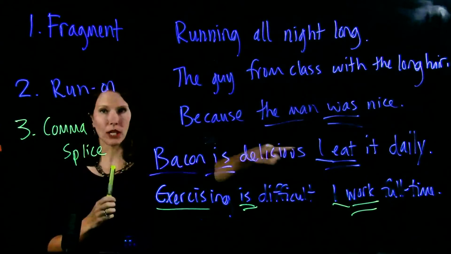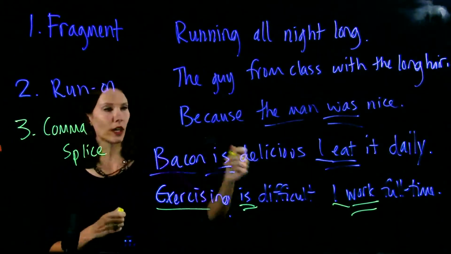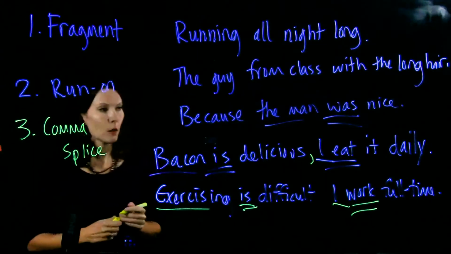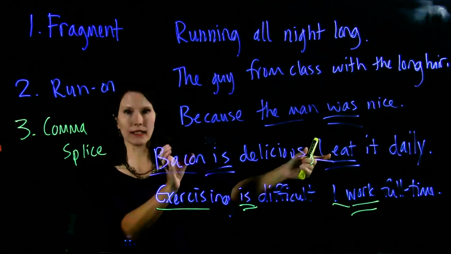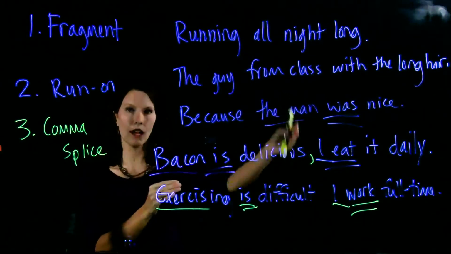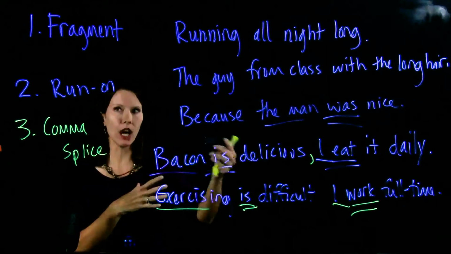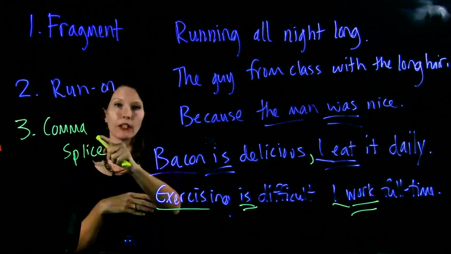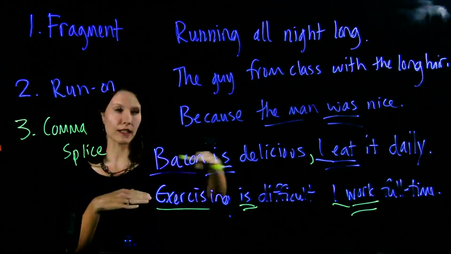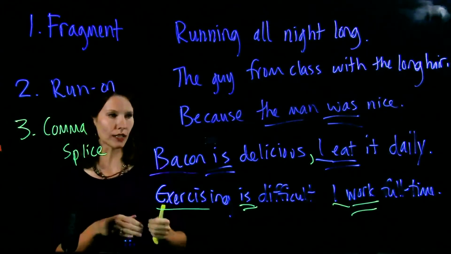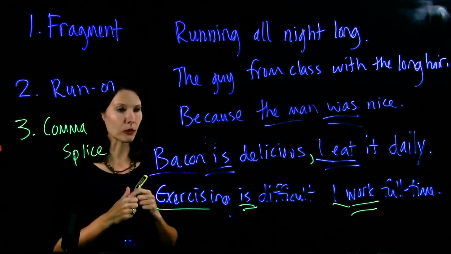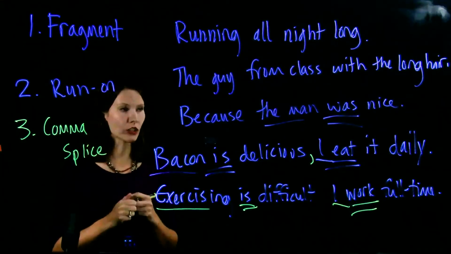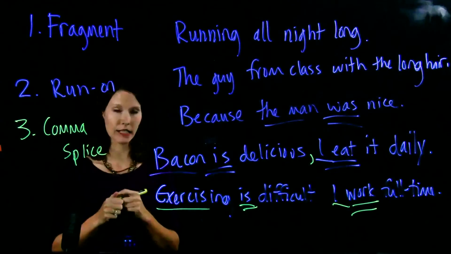So using this run-on sentence, sometimes my students will try to fix it with a comma. However, I still have two complete sentences, and a comma cannot correctly join them. What you've done is turn the run-on into a different error, which is a comma splice. It still is a mistake. It still is incorrect. It has to be followed by, for example, a fanboy's word. So I could have bacon is delicious, comma, and I eat it daily.